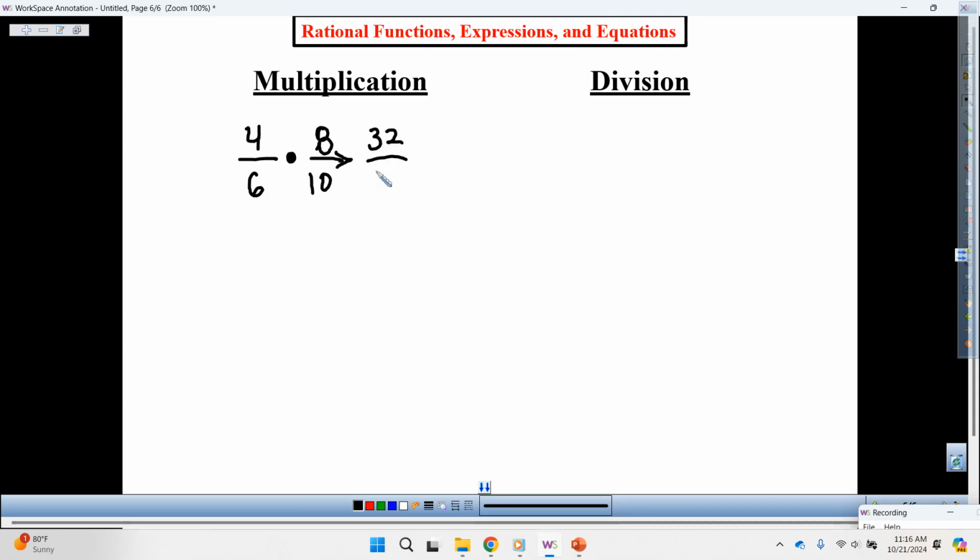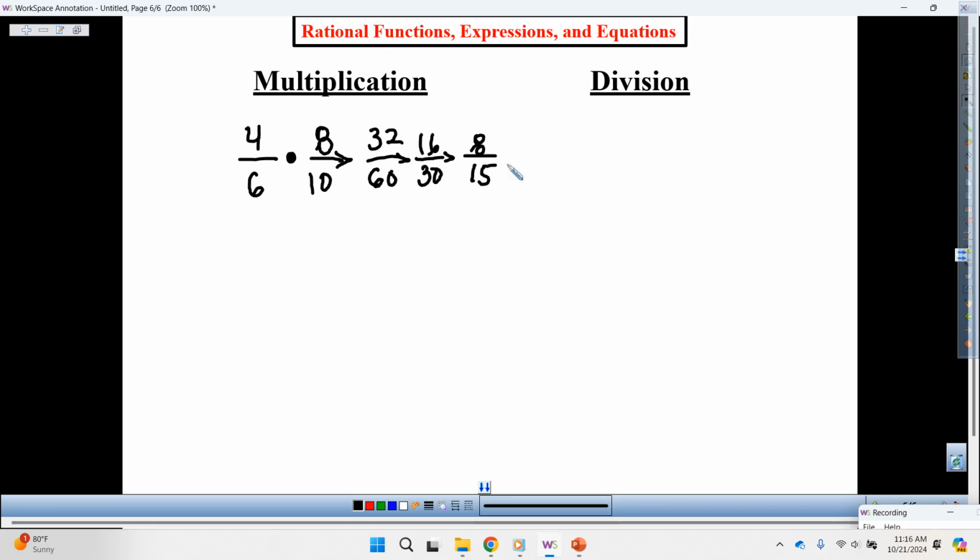And what is 6 times 10? 60. Can we reduce that to lower terms? Yes. It would be 16 over 30. Can we reduce that any more? Yes, which is 8 over 15. Okay.